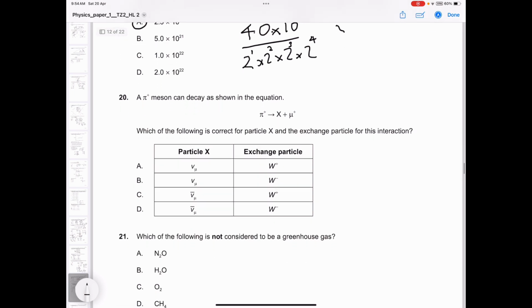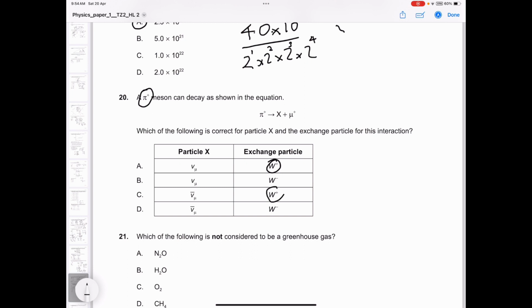Number 20, you have this pi meson particle, and you're given the equation. So you need to have a fairly detailed knowledge of subatomic physics for this one. You certainly can't guess it. If it's a pi meson particle, you must know that the exchange particle is going to be a weak plus particle.